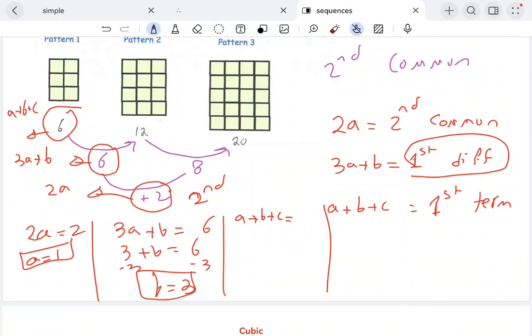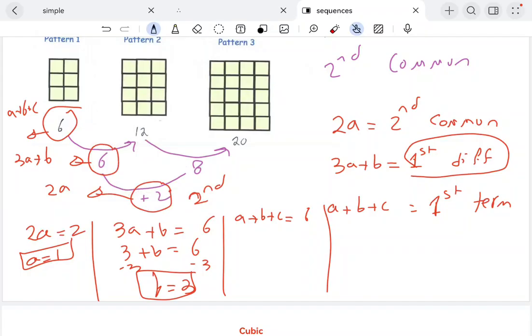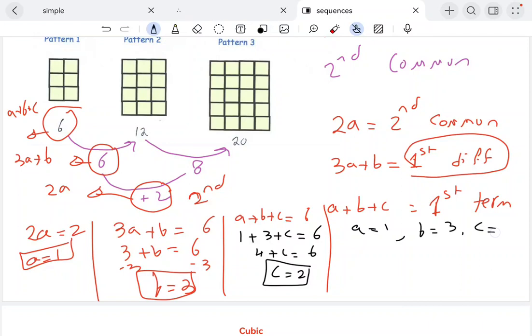So a plus b plus c equals 6. I know a is 1. I know b is 3. I don't know how much c is, but I can find it. So 4 plus c equals 6. So c equals 2. So I have a equals 1, b equals 3, c equals 2.